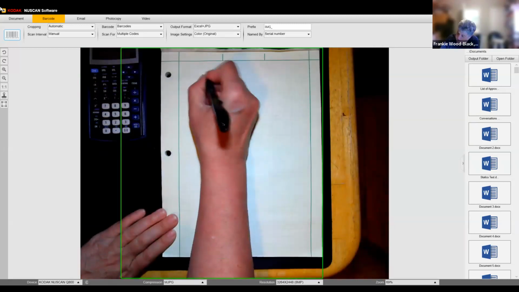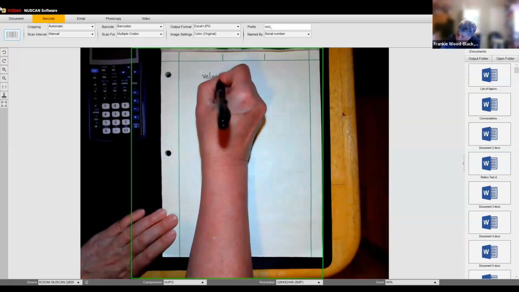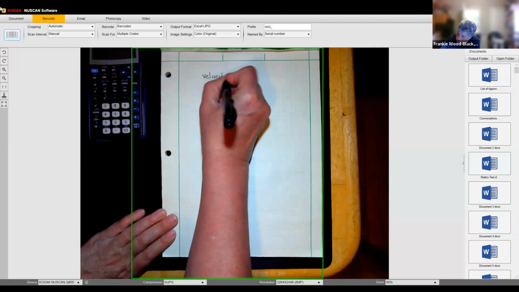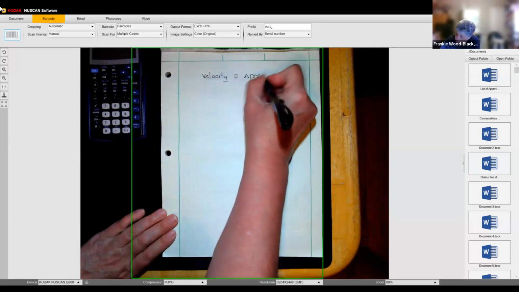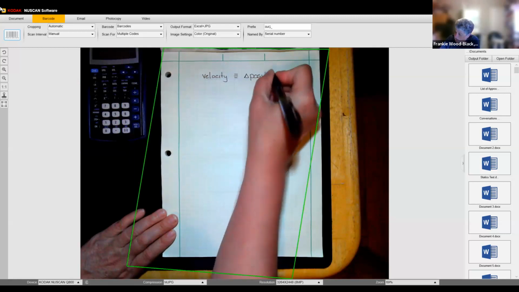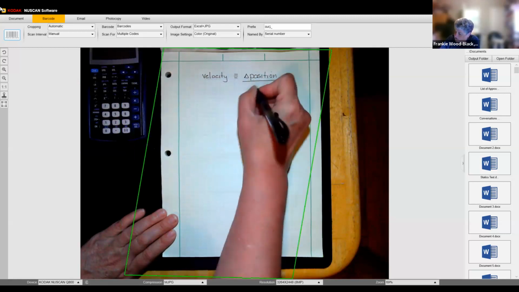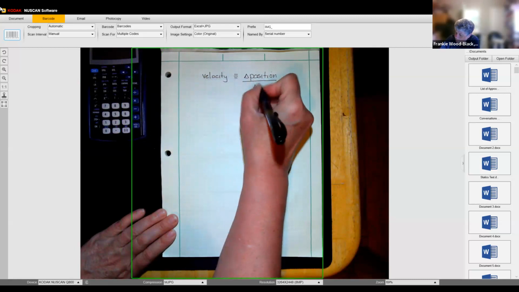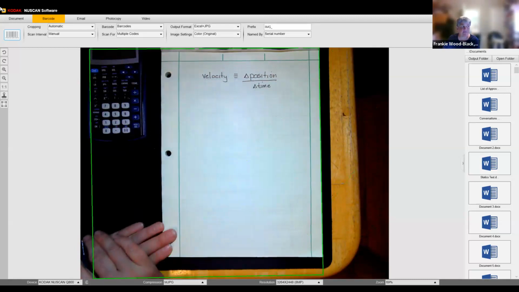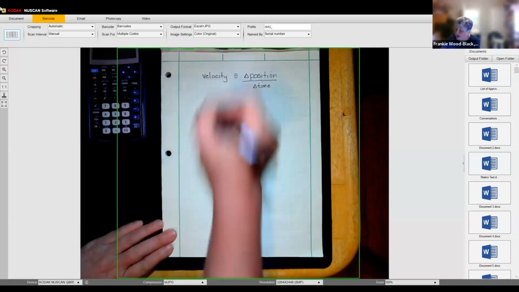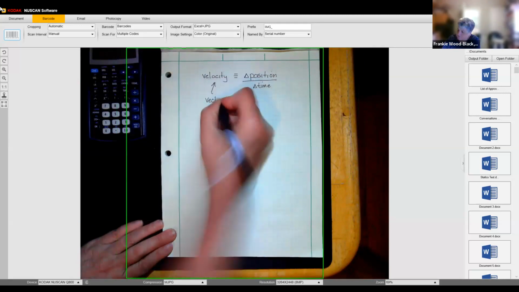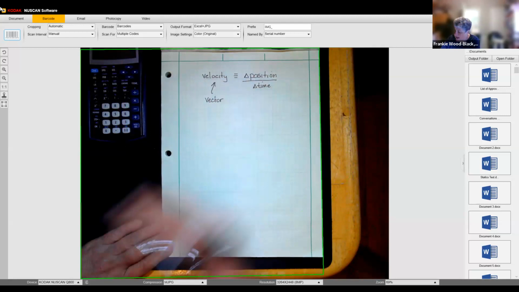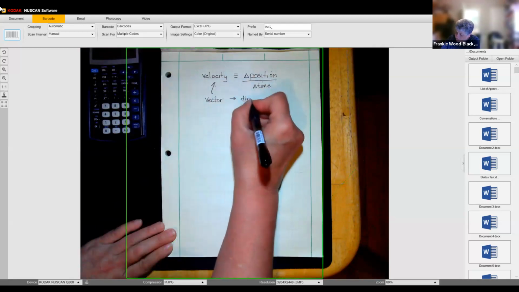Velocity is defined as a change in position divided by a change in time. So that's velocity. Velocity is a vector. So it has direction and magnitude.